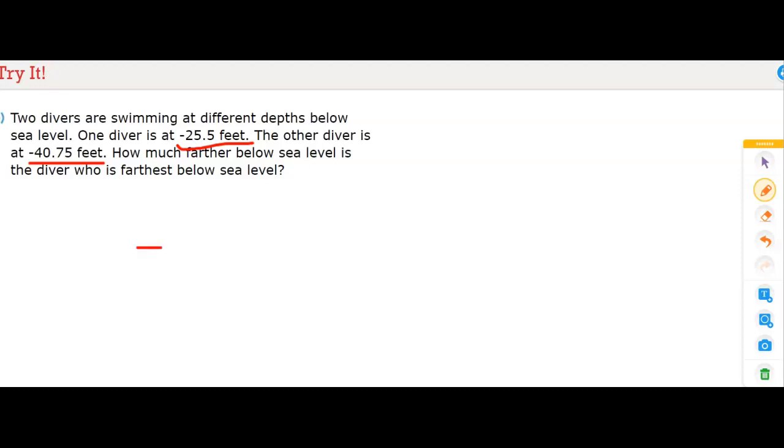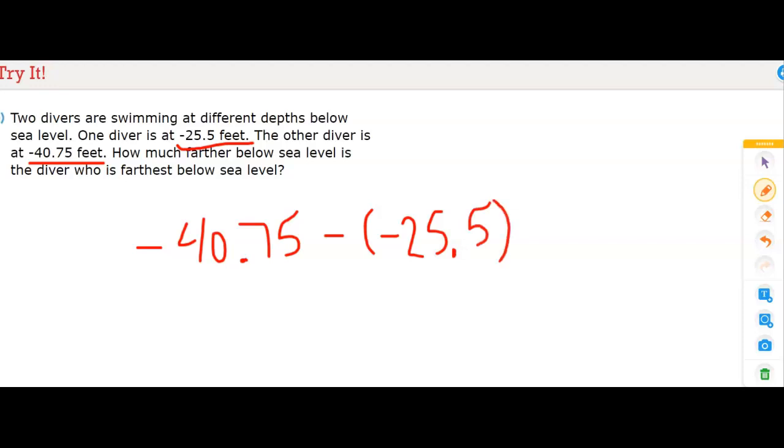So we have negative 40 75/100 minus negative 25 5/10. What's important about this is that how much further below sea level is not necessarily going to give us a negative or positive number.